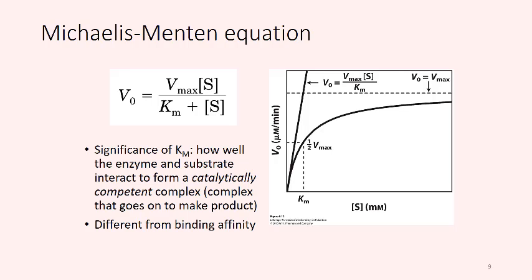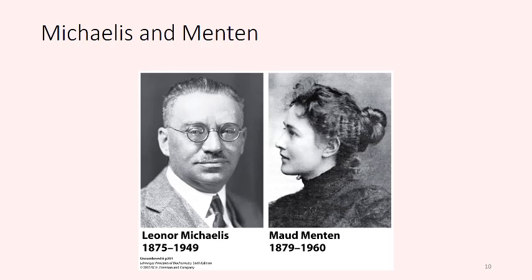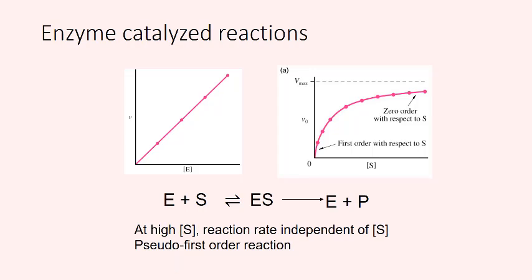This just talks about how the enzyme rate is dependent on the substrate concentration, and the enzyme rate will increase with increasing substrate concentration until you reach a really high substrate concentration. And once you have enough substrate, it doesn't matter how much there is anymore, and that's why the curve flattens out.